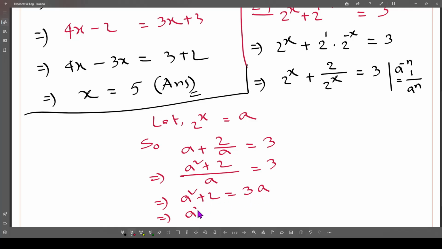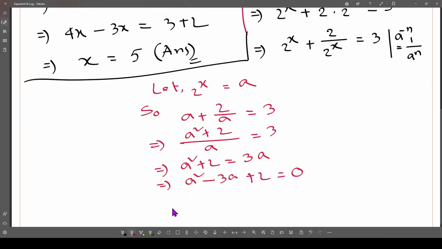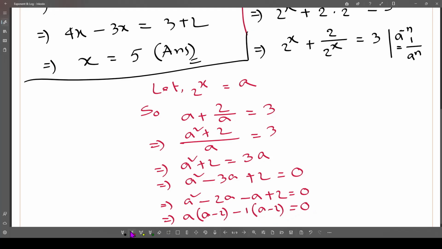So a squared minus 3a plus 2 equals 0. Okay, so a squared minus 2a minus a plus 2 equals 0, because 2 times 1 is 2, and minus 2 minus 1 will be minus 3. So we can take a common, a minus 2, and minus 1 common, a minus 2 equals 0.